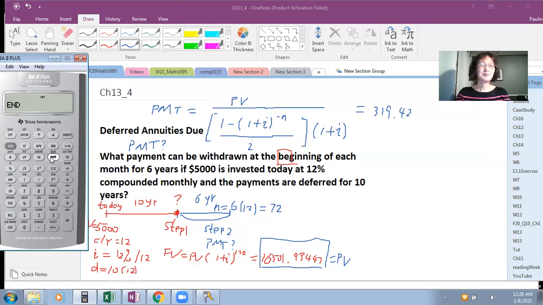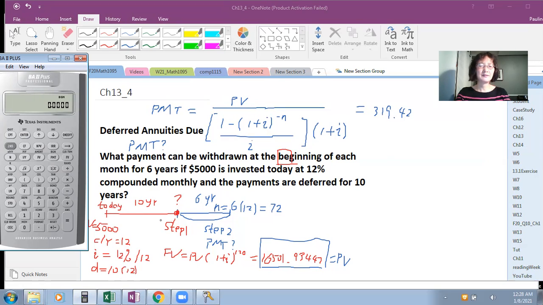Second, begin, second, set, second, quit. You have begin mode. And then set up PY. Second PY is 12. Okay, that's correct. Down arrow key, CY is also 12 because interest is compounded monthly. Second, quit.